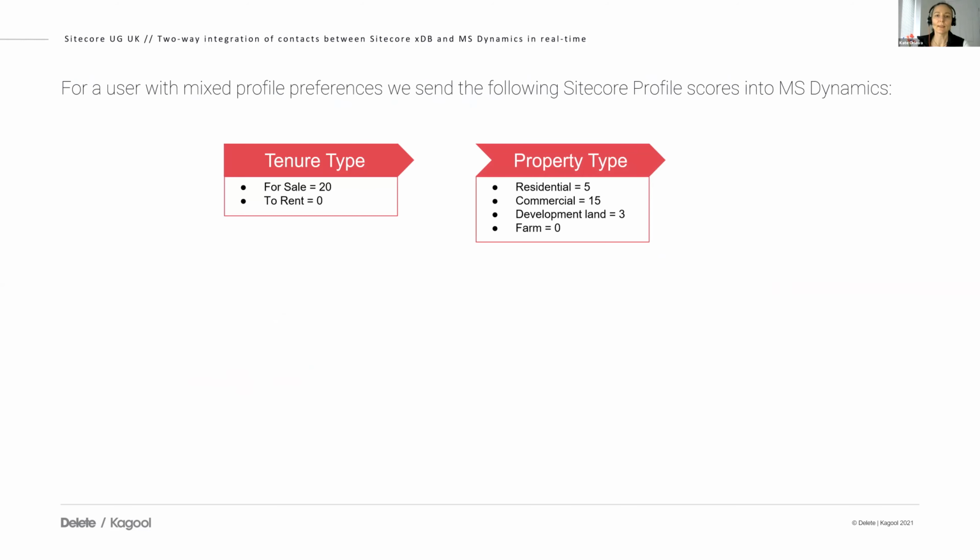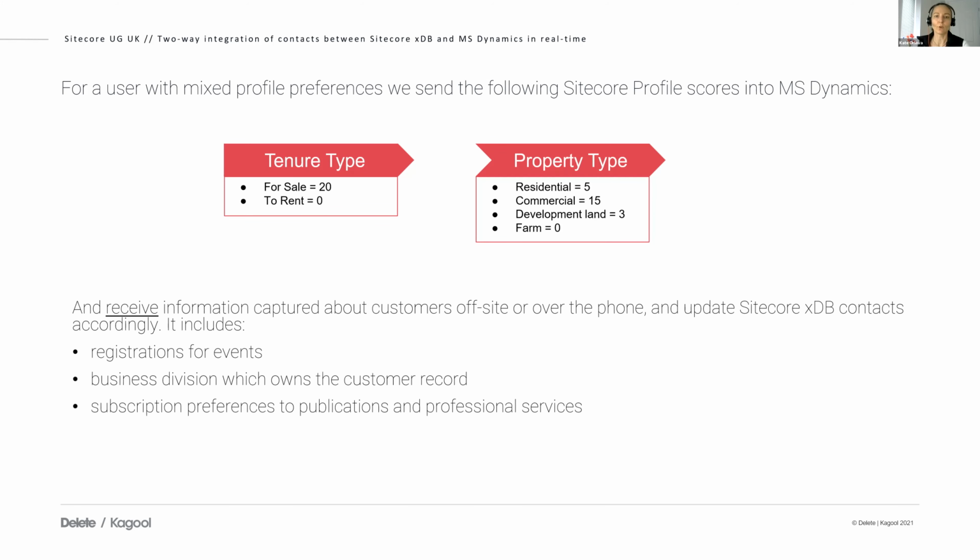And we send these exact scores to CRM and receive back additional information such as registration for events, business division which owns a customer record, subscription to publication, and professional services.